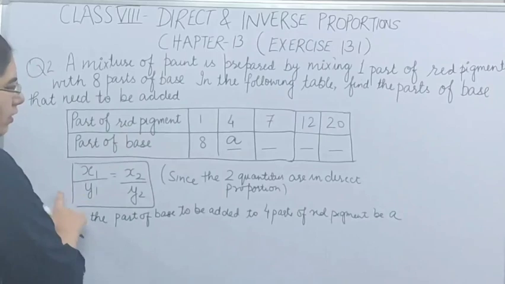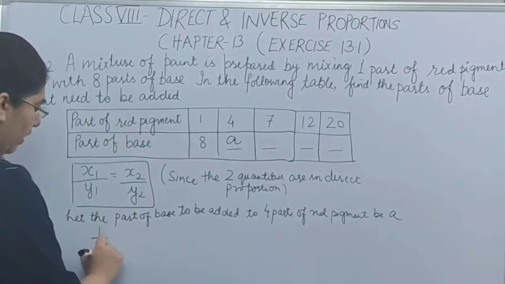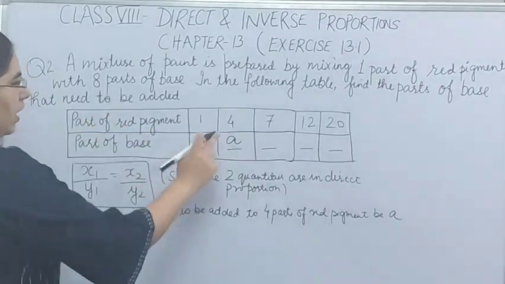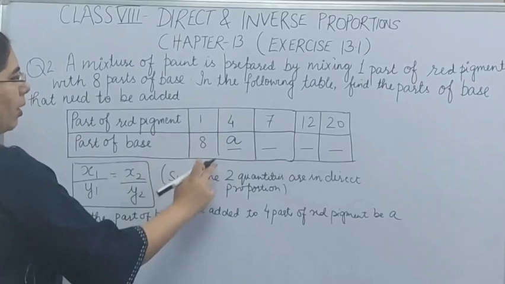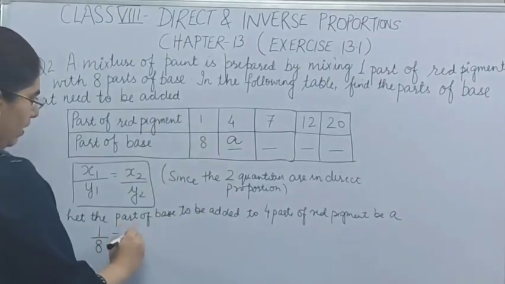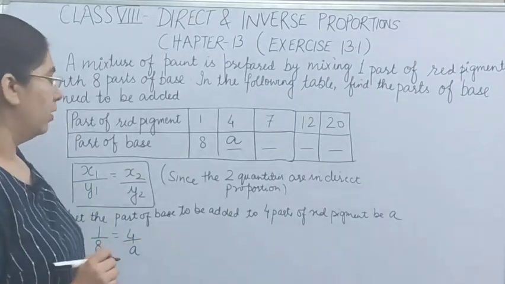So, using this we say x1 upon y1, 1 upon 8, equals x2 upon y2, 4 by A. Yes or no? Are we all understanding this, children?